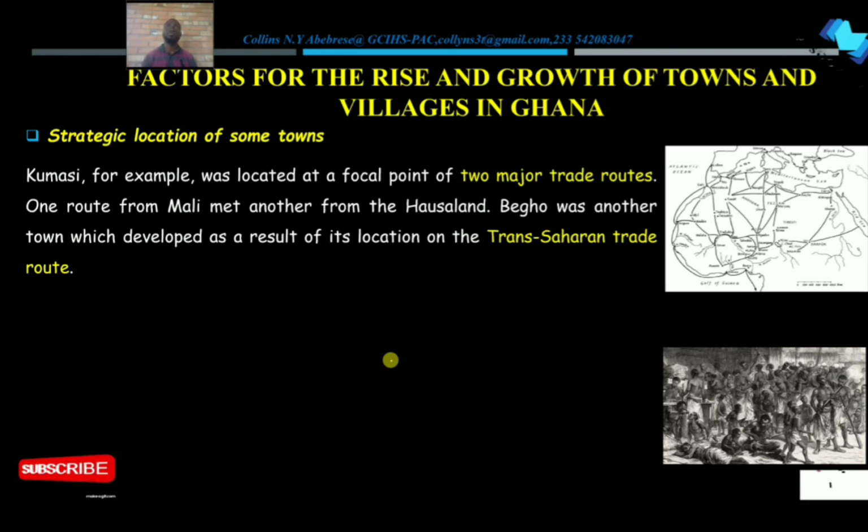Either they were located on a trade route, or they served as a market center, or they were located in the forest region, whereby they could get access to fertile lands, or they were located in an area where there was an availability of minerals, such as gold, diamond, whatever. And so that is what we are saying.